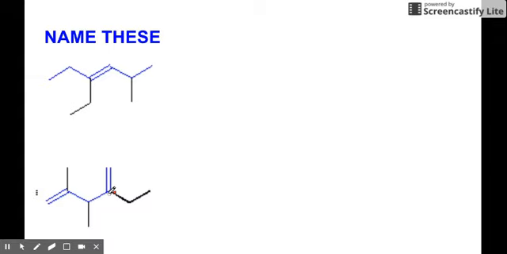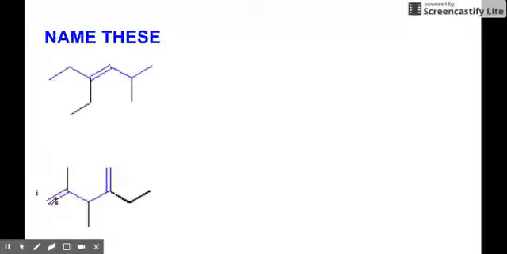And the primary consideration for the parent chain of an alkene is that the parent chain should have all the double bonds present in the compound. And so we never ever start from here. Since there are two double bonds, we'll start here all the way to the second double bond. That's the longest chain that we will have.